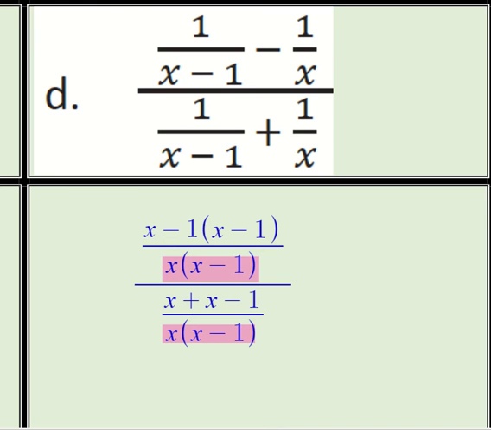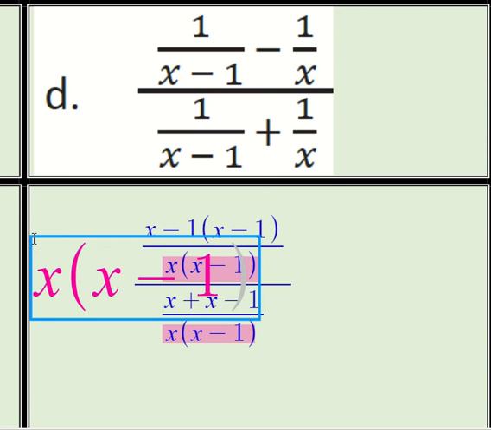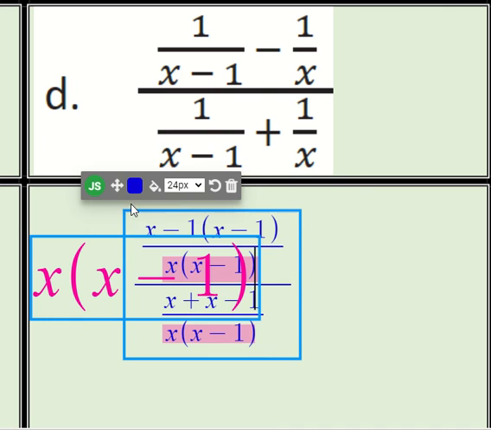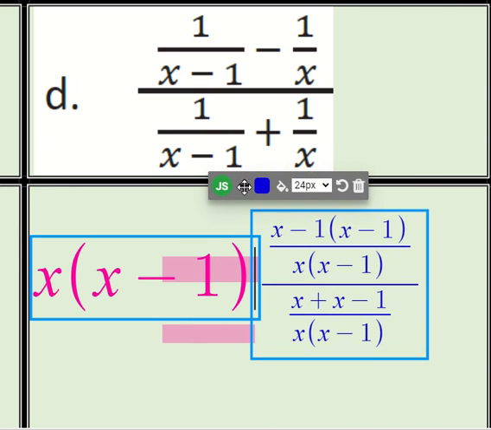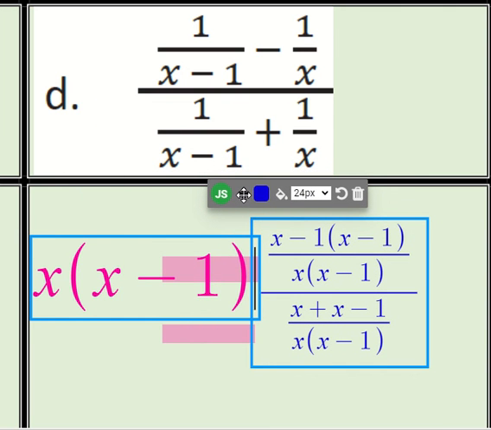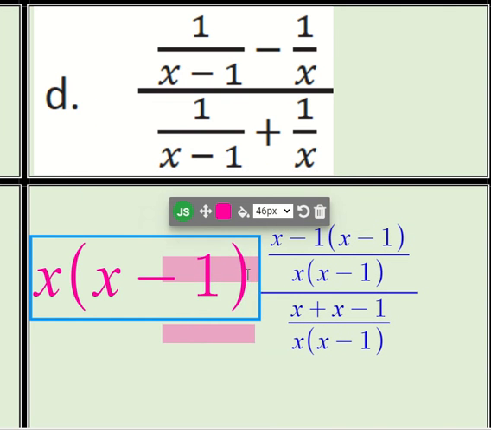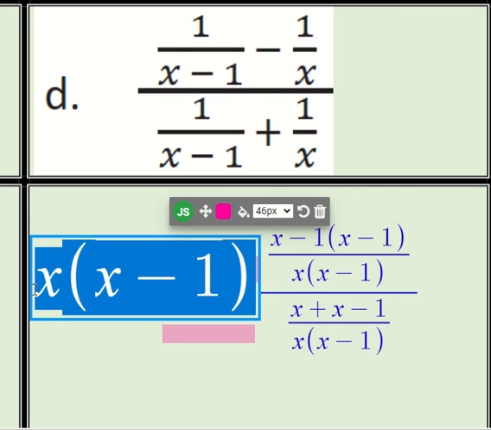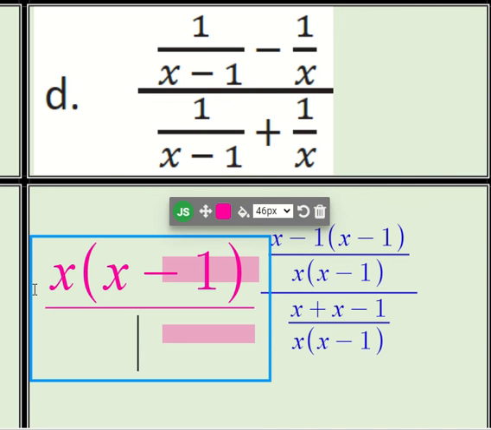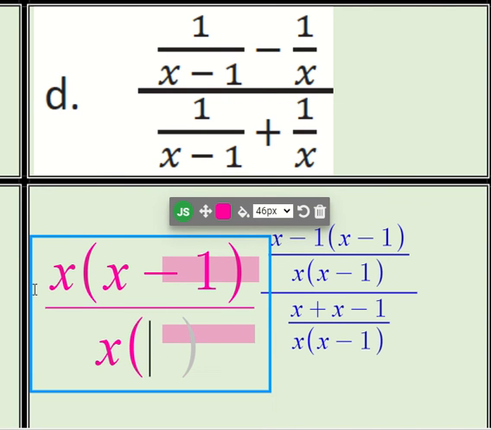I'm going to multiply the numerator and denominator by the same exact expression, x times x minus 1. I do that to the numerator. Let me slide this over just a little. And I do it to the denominator as well.